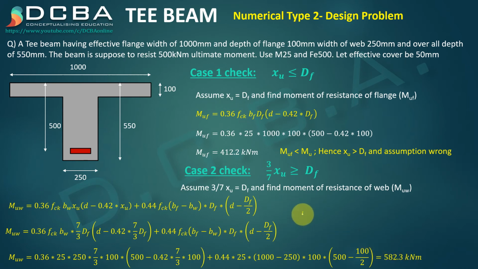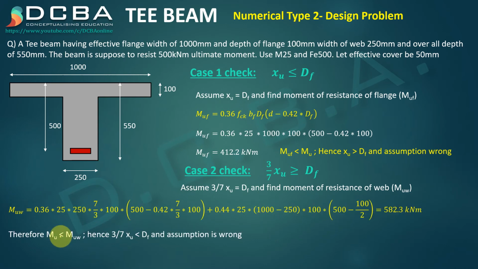So essentially what I've got is MUW is greater than MU. If MU is less than MUW, then 3/7 XU is less than DF.